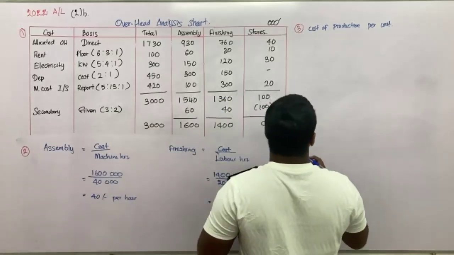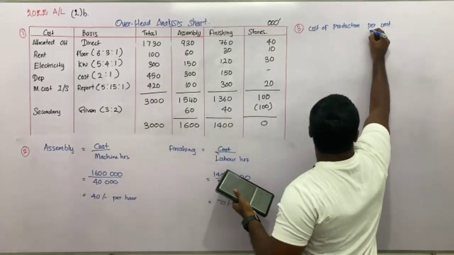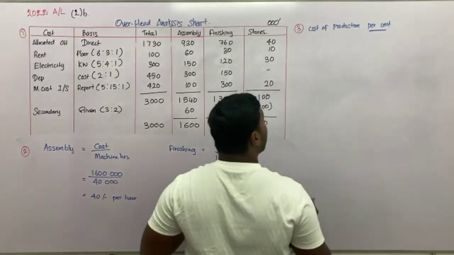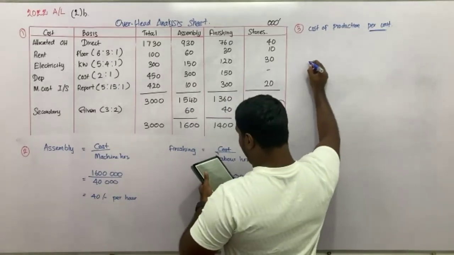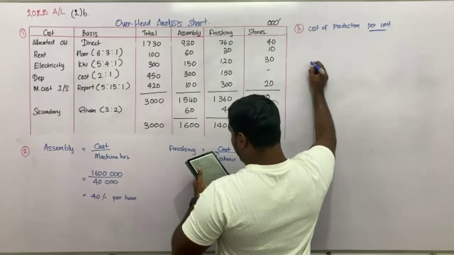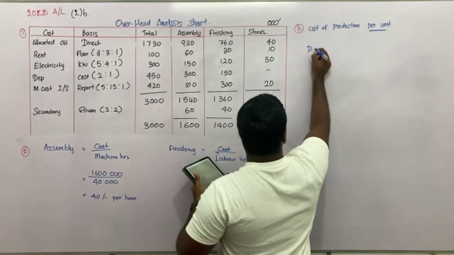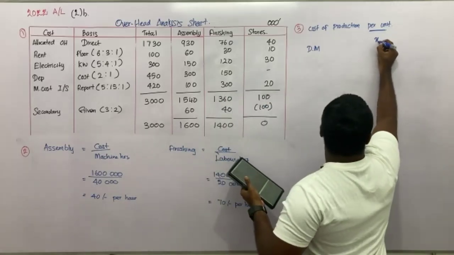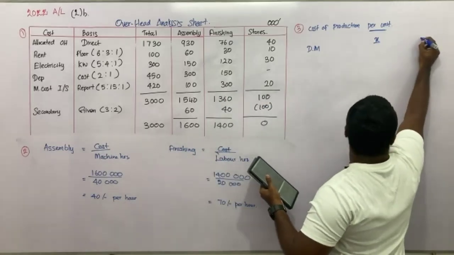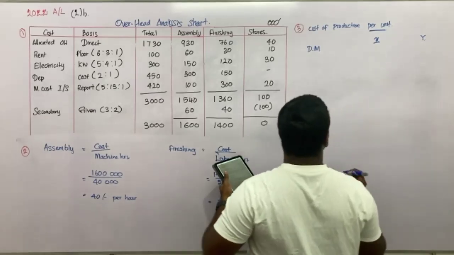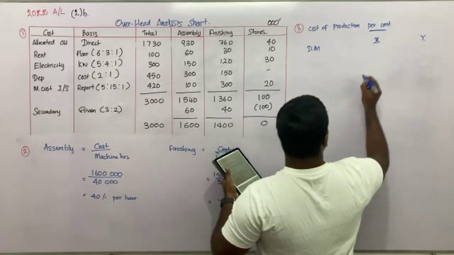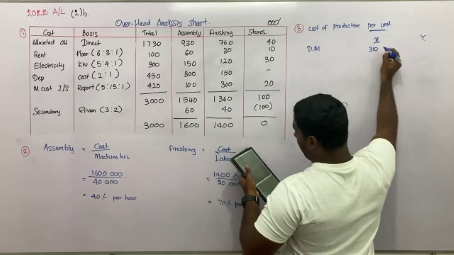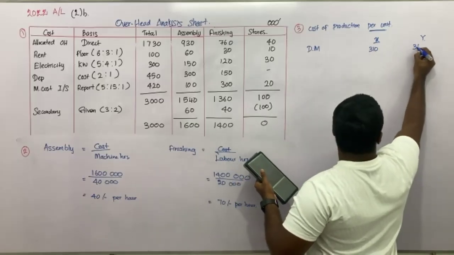Okay. So since they are asking per unit, right? So you have to remember they are asking per unit. Okay. So direct material is given, direct material cost per unit. There is product X and product Y. Okay. Direct material is given 310 and 340.